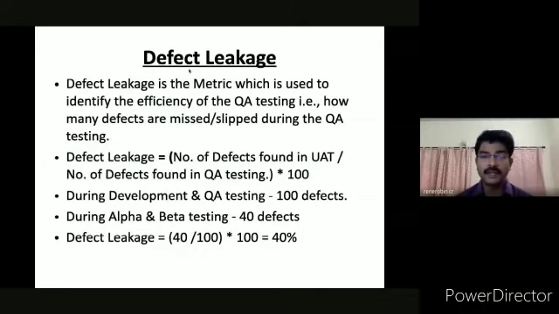During development and quality assurance testing, 100 defects are identified. During alpha beta testing, 40 defects are identified. So defect leakage is equal to 40 divided by 100 times 100, which is equal to 40%.